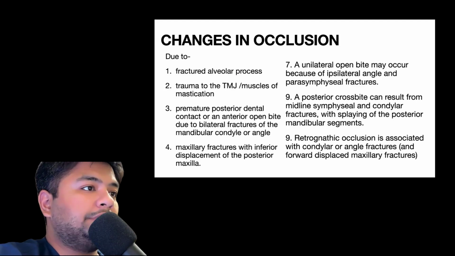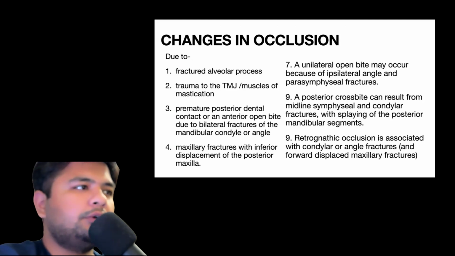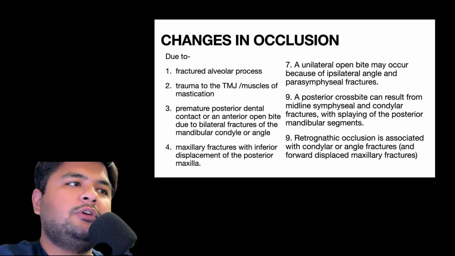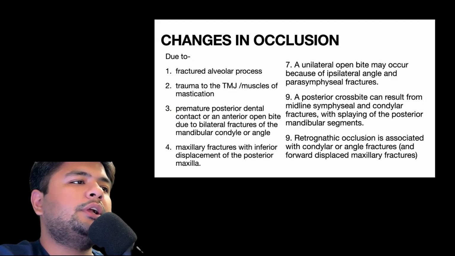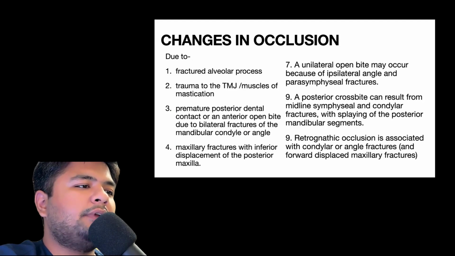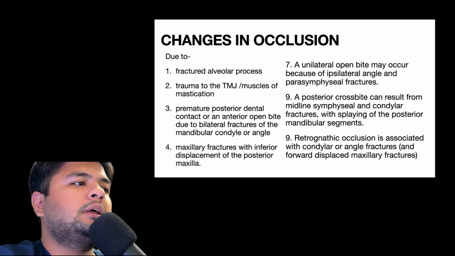Then we will be discussing how there are changes in occlusion due to the mandibular fracture. First of all, it might be due to a fractured alveolar process, or trauma to the TMJ or the muscles of mastication, premature posterior dental contact, or an anterior open bite due to bilateral fractures of the mandibular condyle or angle, maxillary fractures with inferior displacement of the posterior maxilla.